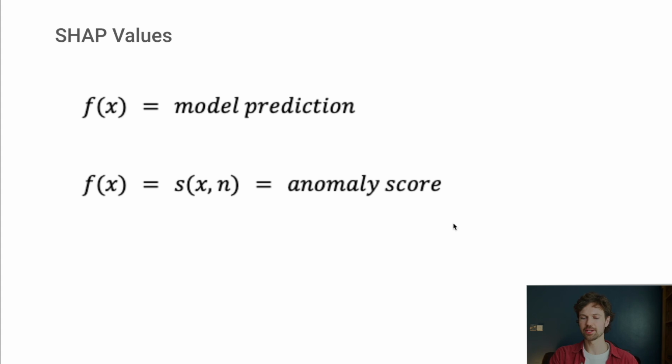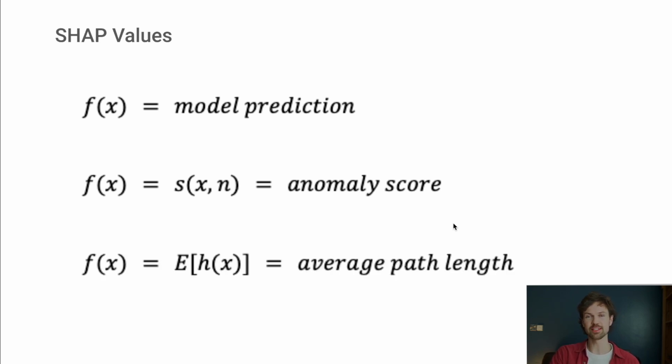And that output doesn't necessarily have to be a prediction. So for isolation forest, f of x is simply the anomaly score. And so we interpret the SHAP values as the contribution of each model feature to the anomaly score when compared to the average anomaly score across all instances.